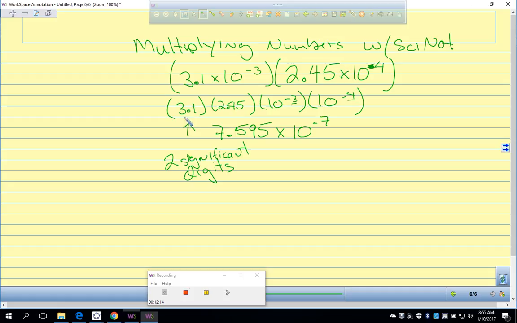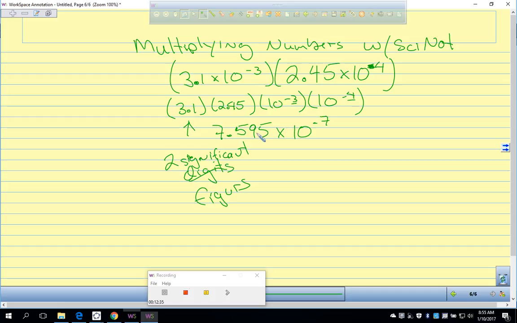Aren't they called significant figures? Okay, so let's call it significant figures. So your answer is only as accurate as your lowest significant figure number, right?